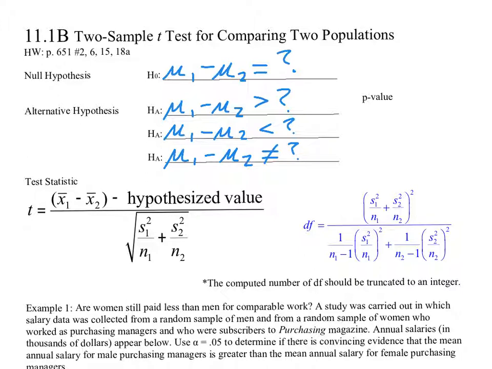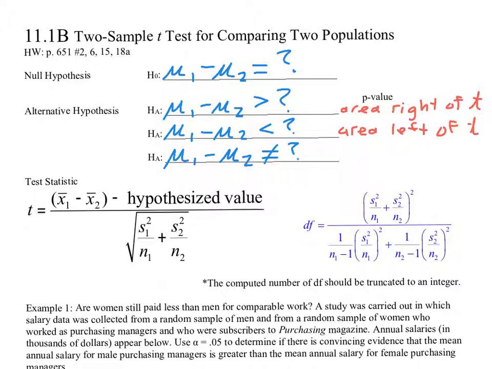The p-values associated with each of these is, so for the first one, it's the area right of t. For the second one, it's the area left of t. And you have a few options for the third one.